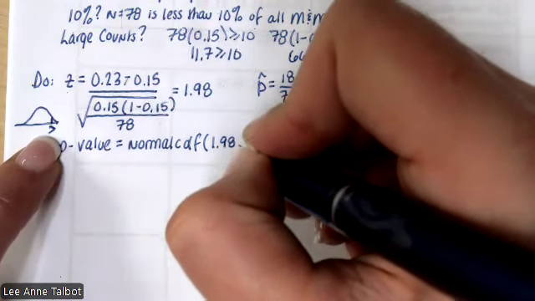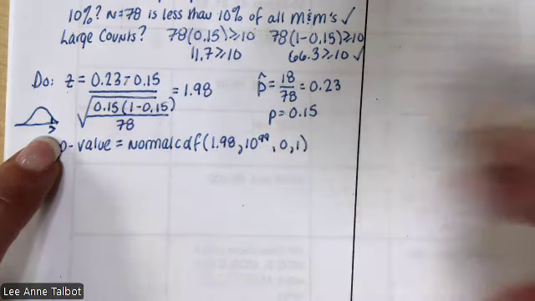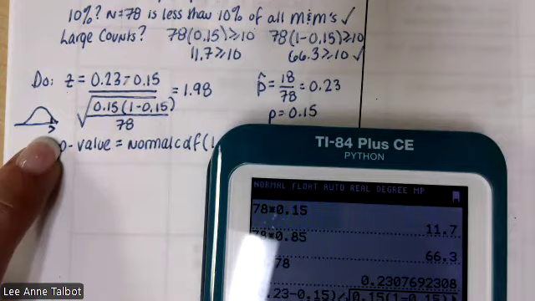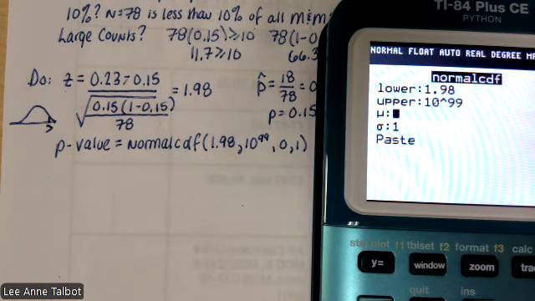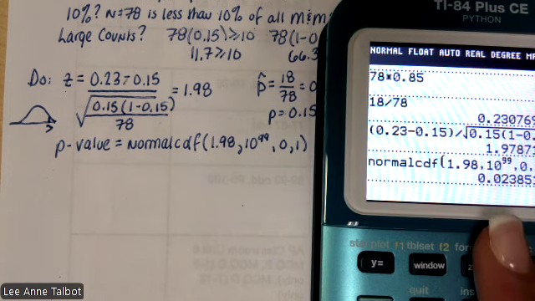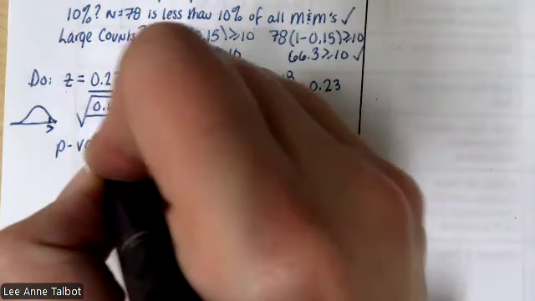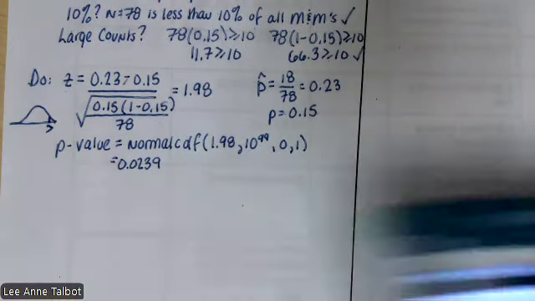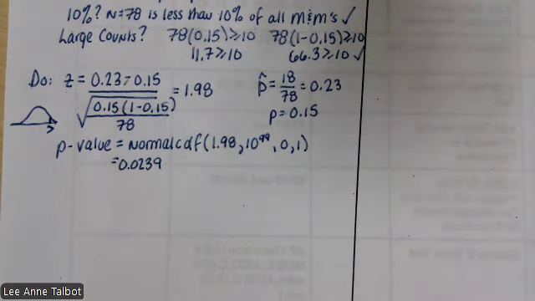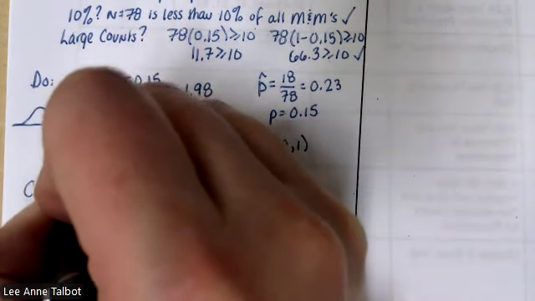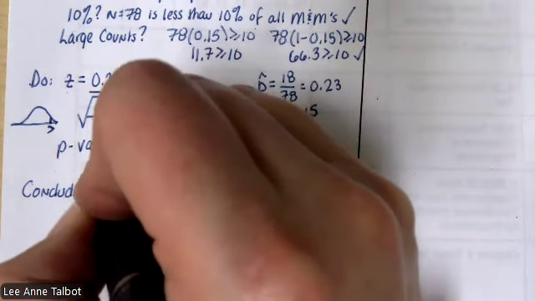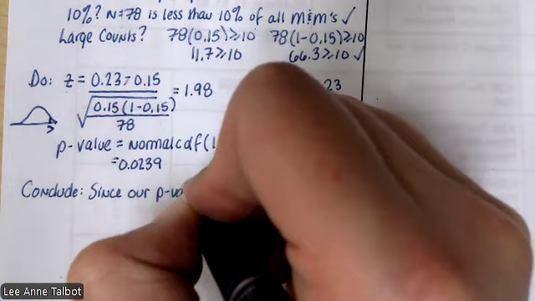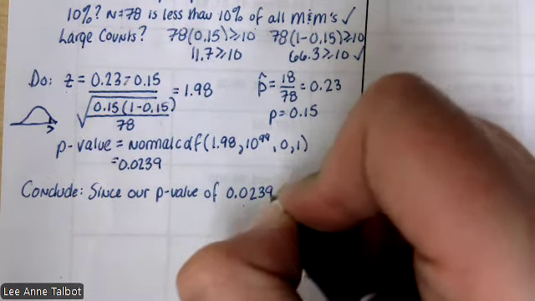So lower is 1.98, upper is infinity, mean 0, standard deviation 1. Hence our p-value of 0.0239. Okay.